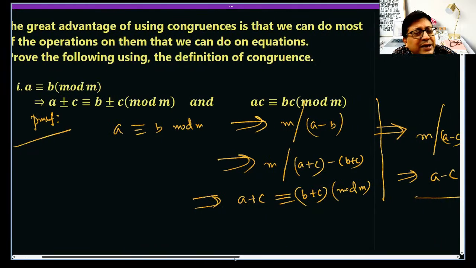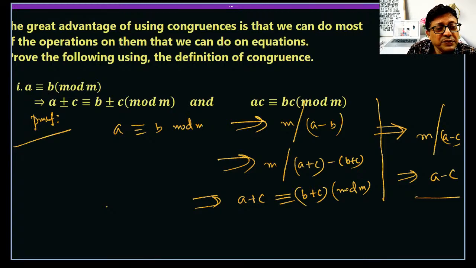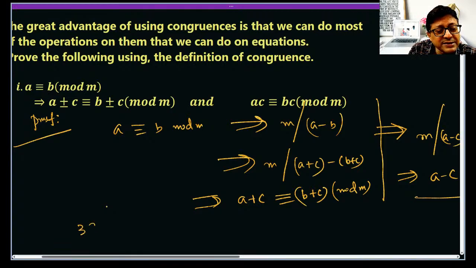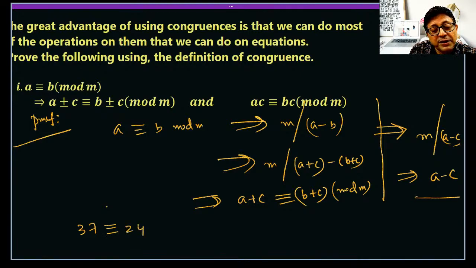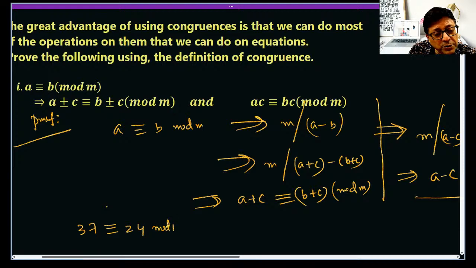For example, take one numerical example: 37 is congruent with 24 mod 13, because the difference is divisible by 13.